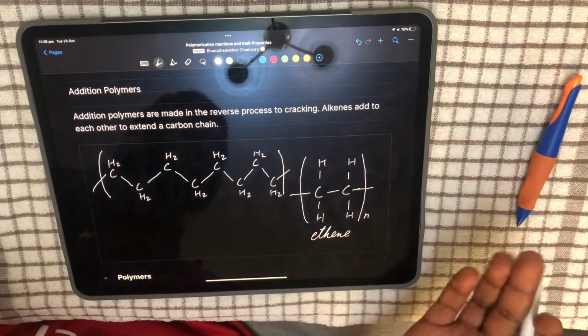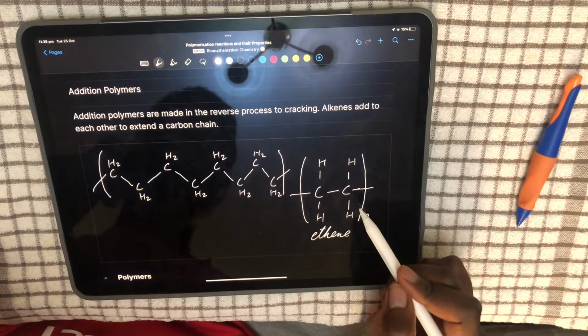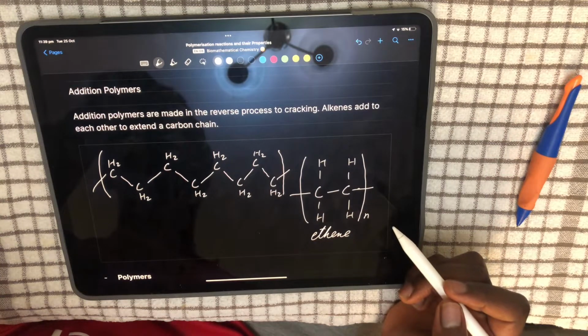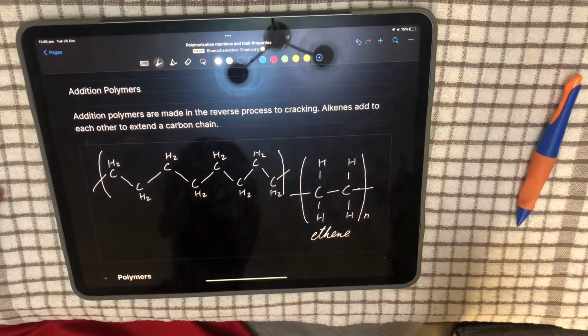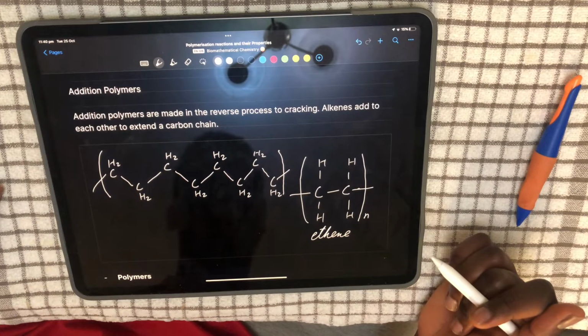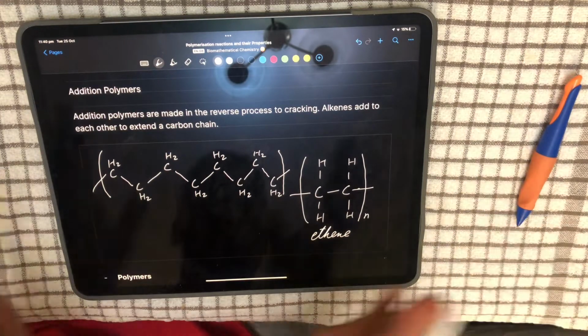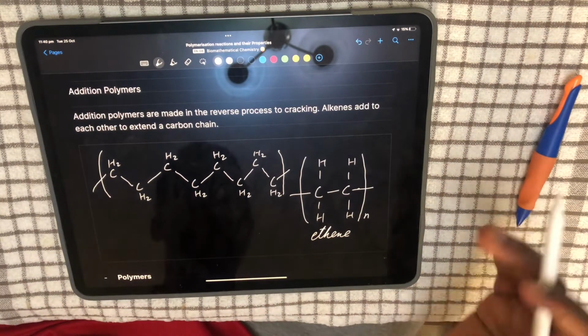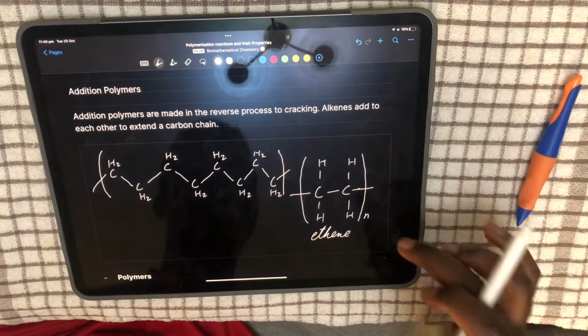You can't do this with alkanes because you can't have the extra bond, and it's not really a polymer, it's just an extended alkane. When you're having polymerization, it's going to be with alkenes. We're talking about addition polymerization because the double bond breaks, allowing bonds to form either side of the carbon atom, giving one repeating unit.